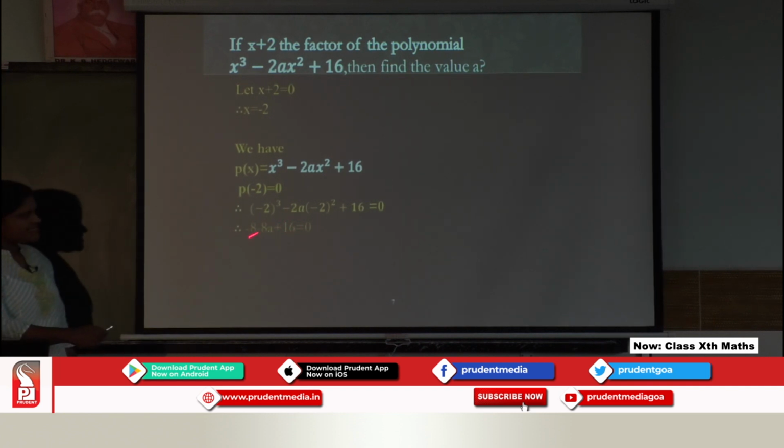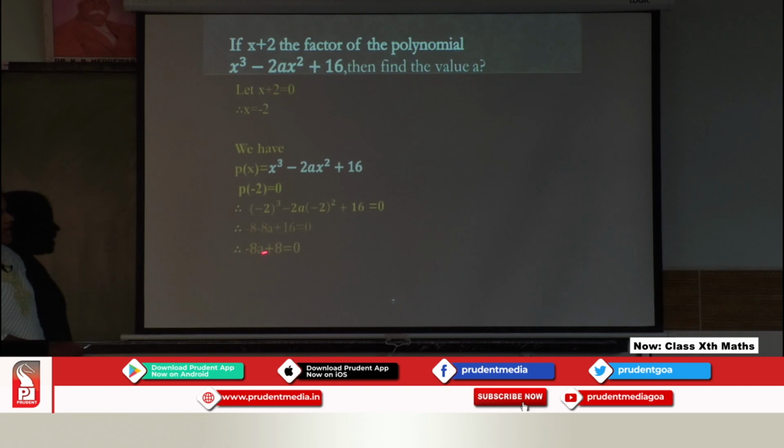Now just solve this, collect the like terms. Your constants are minus 8 and 16. So in the next step, you will get minus 8a, and minus 8 plus 16 will give you plus 8. Now solve this. After solving, you will get minus 8a is equal to, this positive 8 will become negative 8.